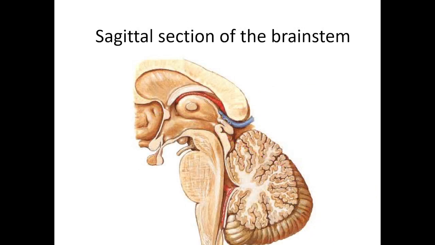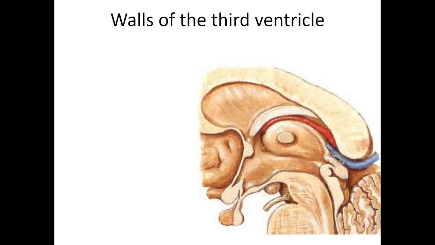This is a sagittal section of the brainstem, and we use it to demonstrate, with the red rectangle, the middle part of the diencephalon, and now we shall zoom in the structure. So it's the same structures.